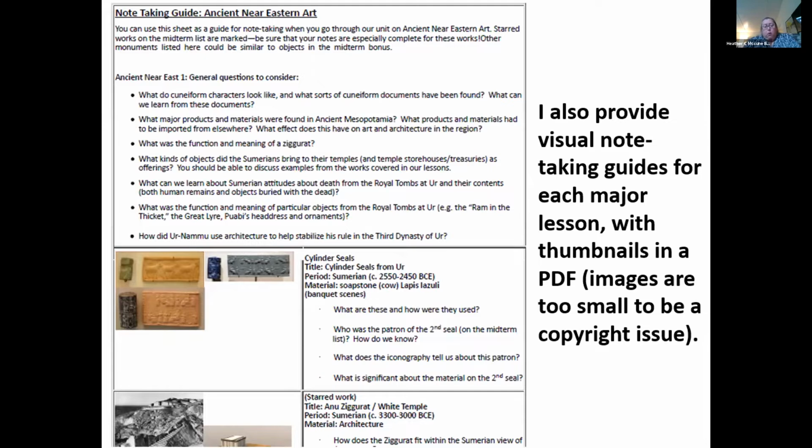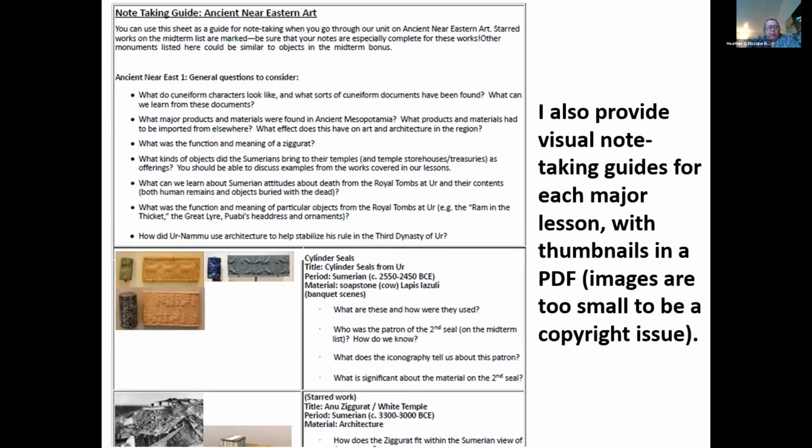They had no idea what should be in their notes. So I started creating note-taking guides that had thumbnail images in them, just setting these up in a simple HTML format table, and then creating downloadable PDFs for the students that they could use.